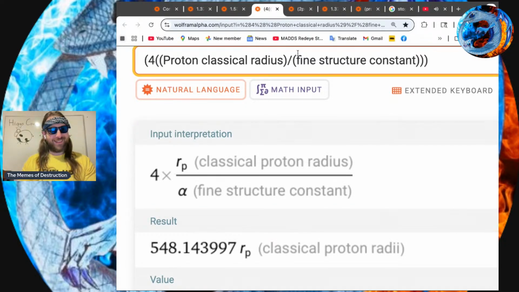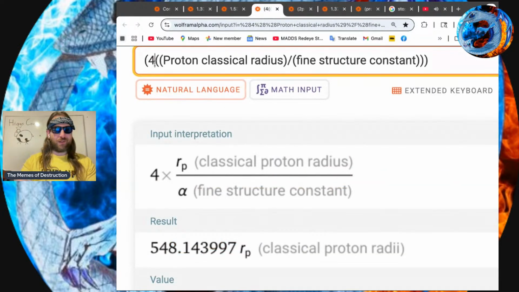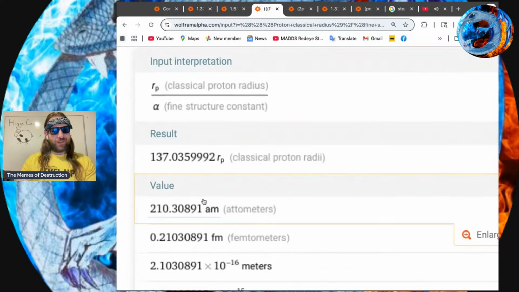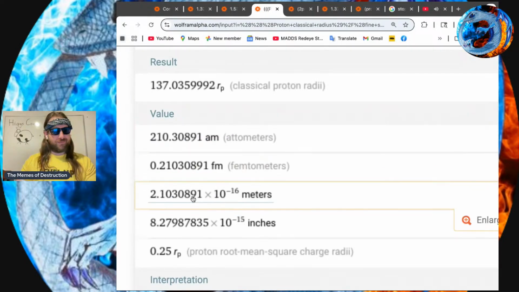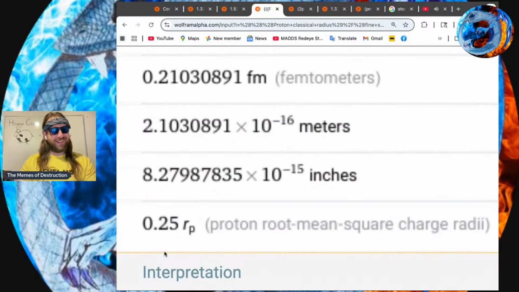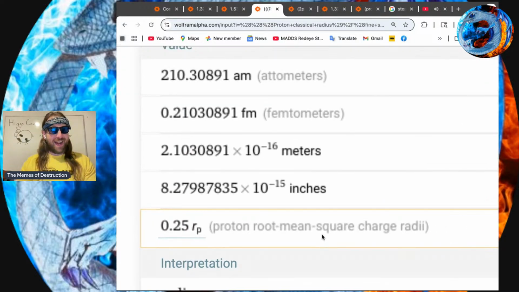It doesn't, because the Compton wavelength is that 1.3 times 10 to the minus 15. Let's take the 4 out. So, I mean, that is close. That is close. And as you can see right here, it's about precisely 0.25, the proton root mean square charge radii.